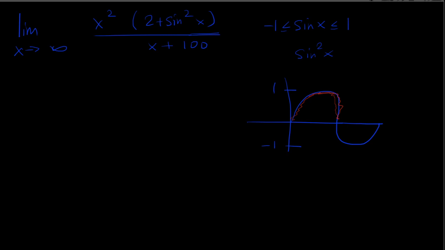But the green here, when we square the negative values, they're going to turn into positive. So they're going to be something like this. And when we do that, my range now is between 0 and 1. So sine squared is between 0 and 1.